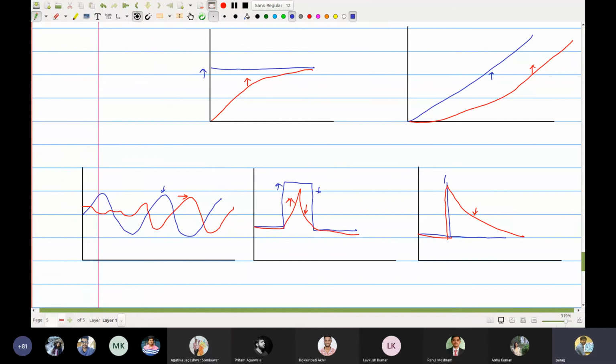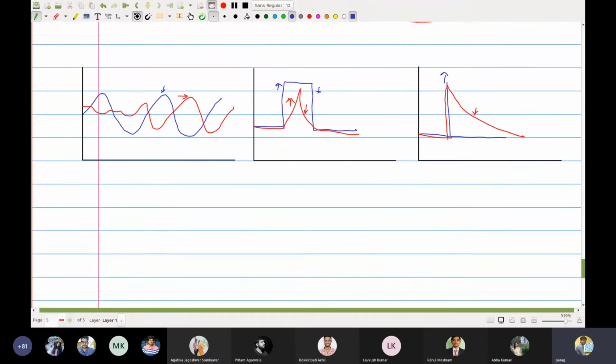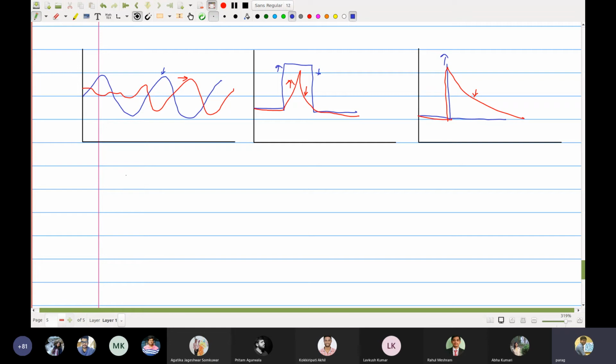Okay, so why does this happen? Let me write down: this lag happens because of a non-zero time constant.